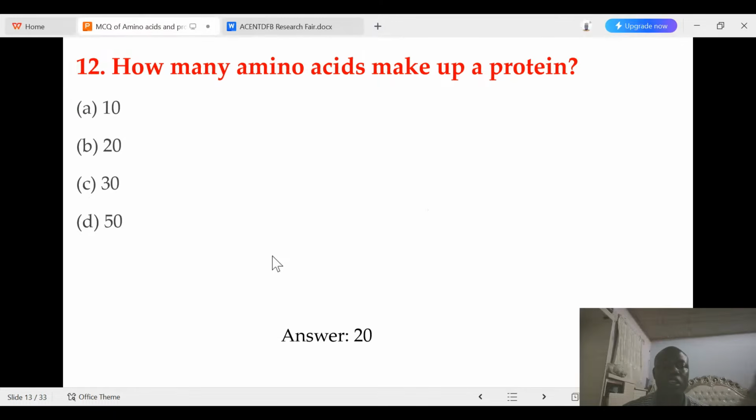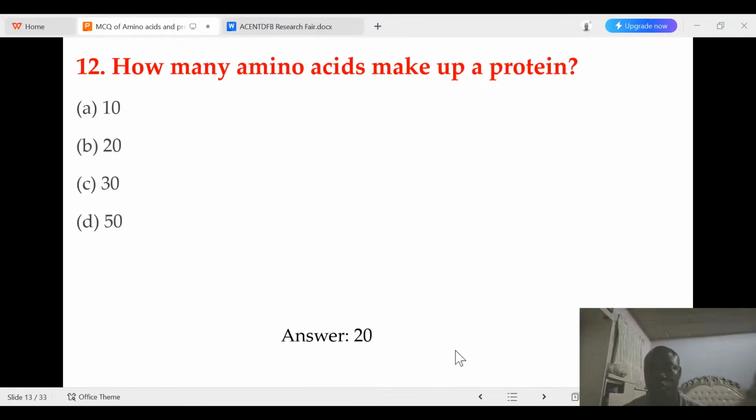How many amino acids make up a protein? We know that there are about 20 amino acids used in building protein. So we have 20 of them. Yes, of course, Achiever, proteins are involved in bone and teeth and skin development.